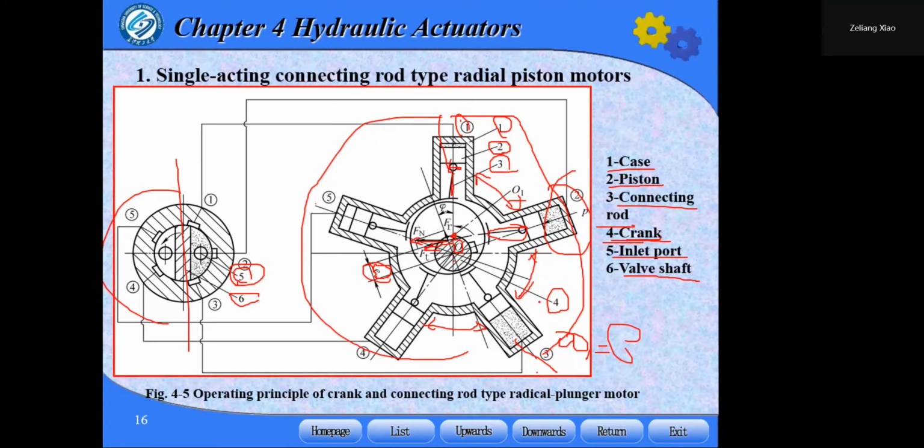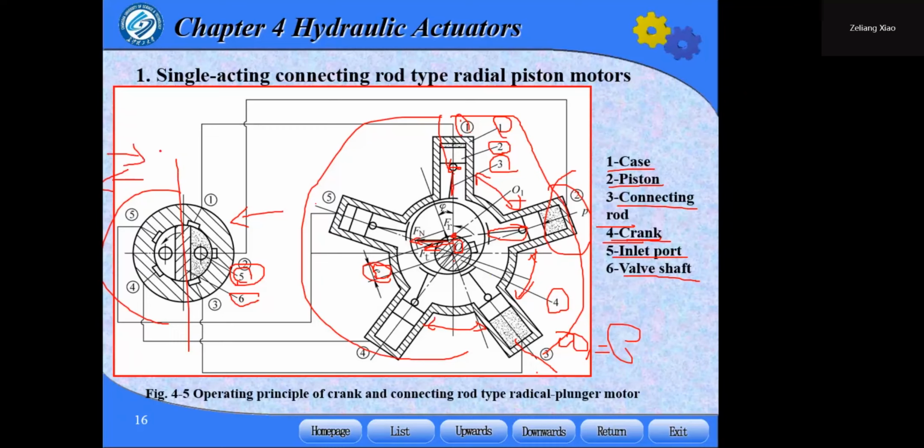Also, the motor will turn in the opposite direction by changing the inlet and outlet ports. In this case, the inlet port is 1 and the outlet is 1 for V1, running the motor in the opposite direction.